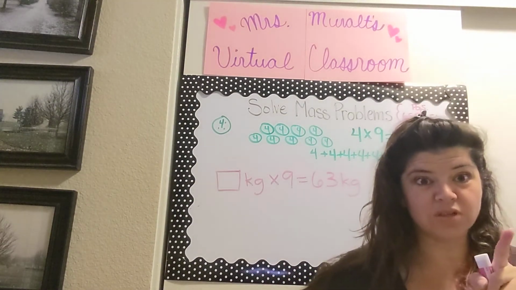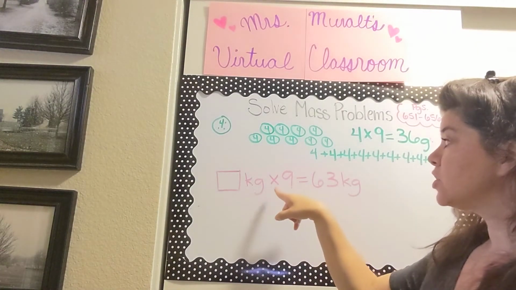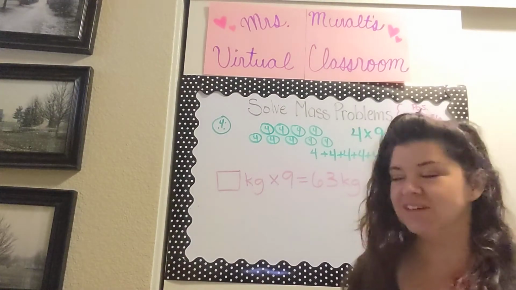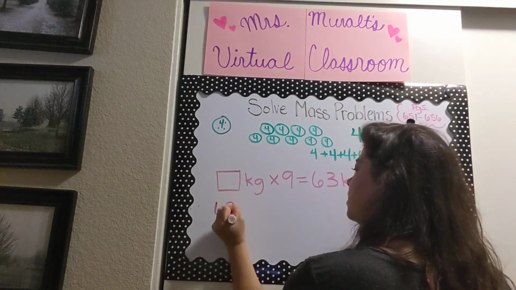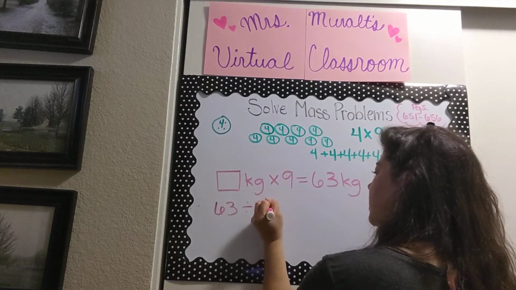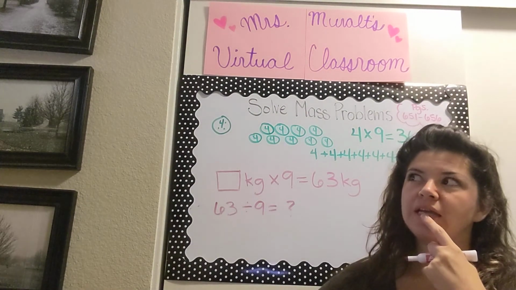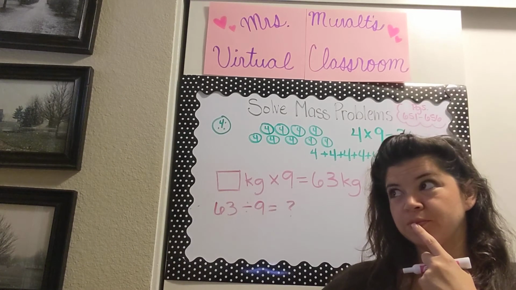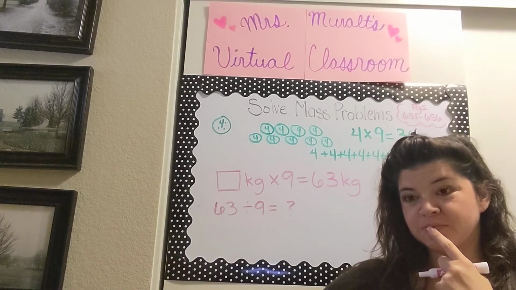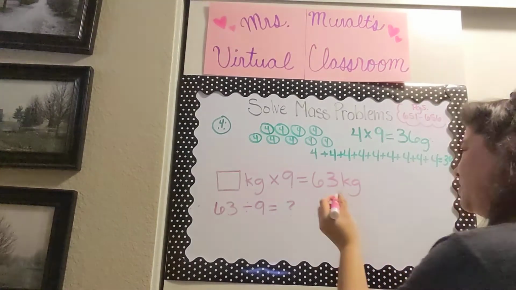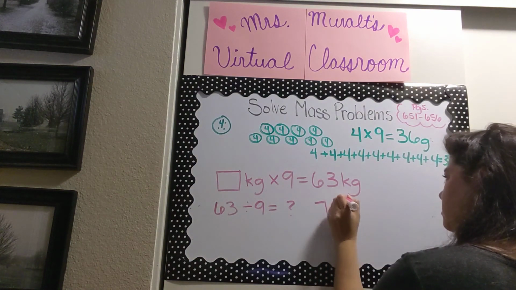We work backwards, because remember, an inverse operation is the opposite. So the opposite of multiplication is division. So if you look at this and flip it around, you can say 63 divided by 9 gives you that question mark. What times 9 equals 63? Do you know? 7. Good job. So our answer is 7 kilograms.